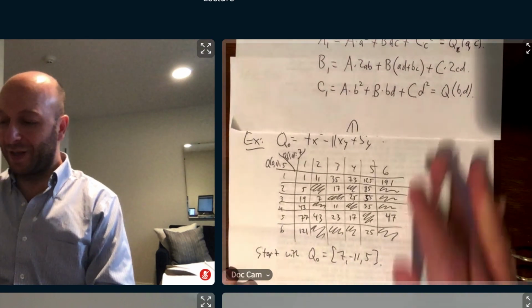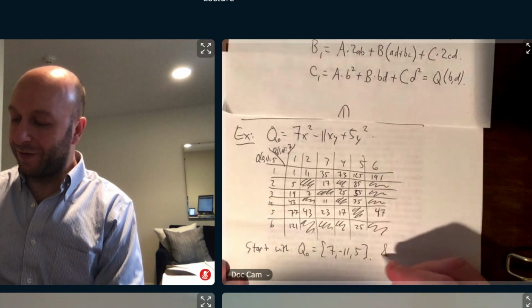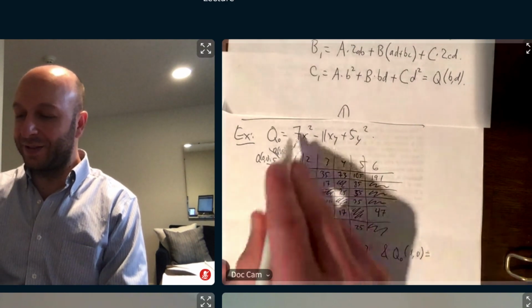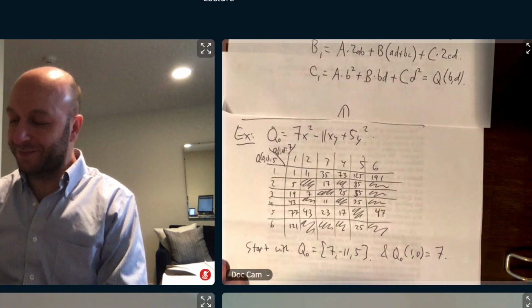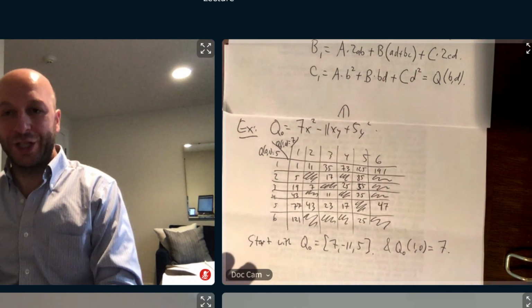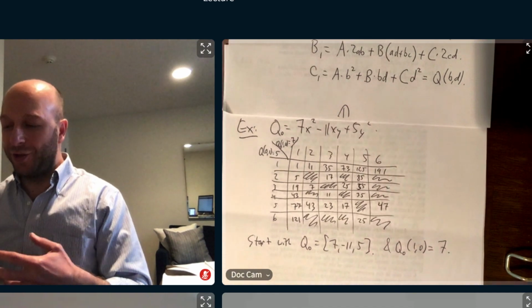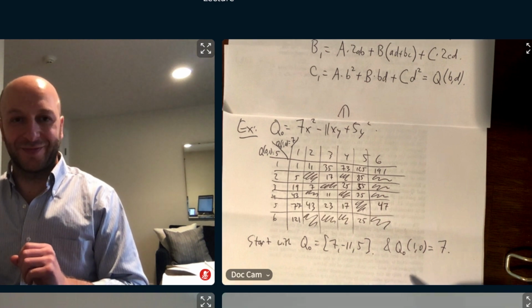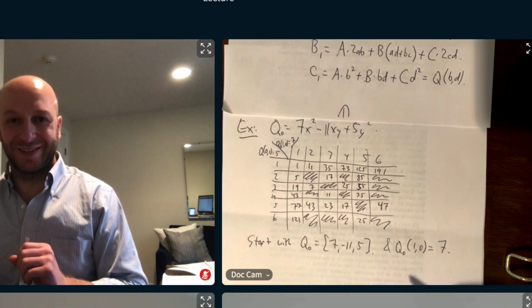And q0 of 1, 0 is 7, which is a. So I want to change q to equivalent q's, but always evaluate at the same 1, 0.